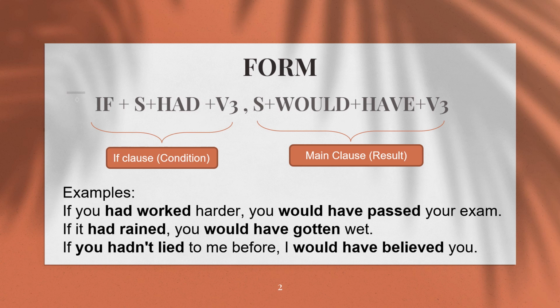After subject you, we have verb had and then not plus verb 3 lied from the first verb lie, while in the main clause we have subject I, would, have, plus verb 3, believed.